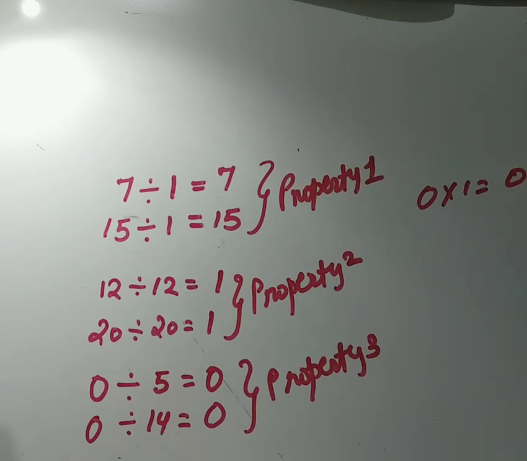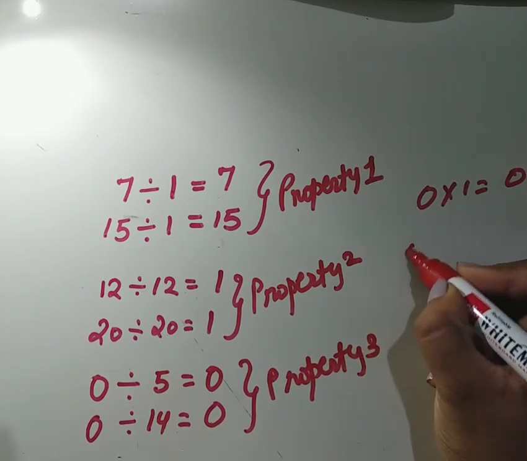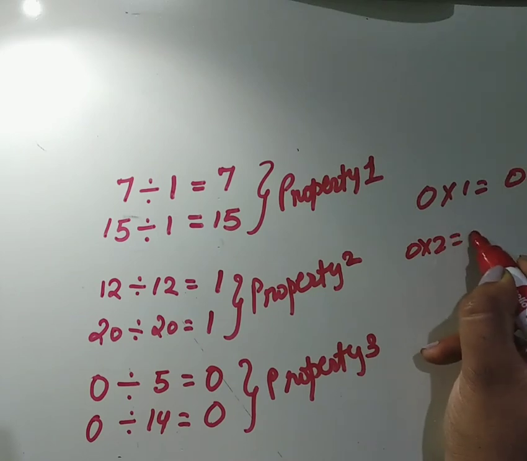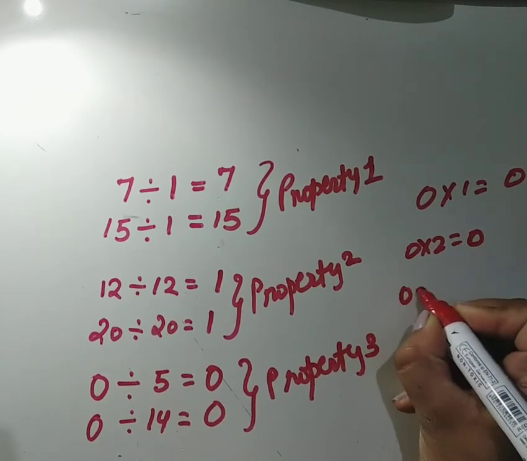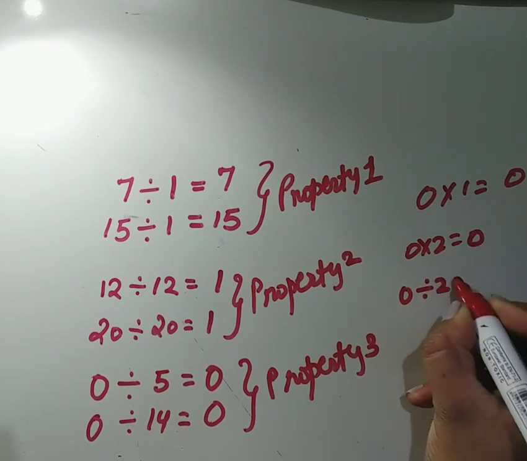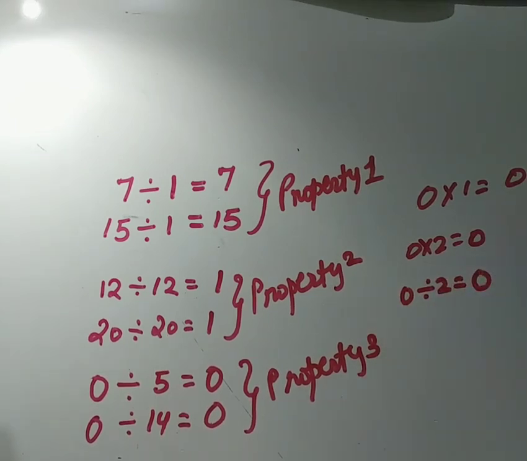In the same way, when you divide 0 by any number, the quotient is also going to be 0. Alright, so over here, if I multiply 0 by 2, the answer is going to be 0. In the same way, when you divide 0 by any number, what is your answer going to be? 0. So you need to keep this in mind, that we cannot divide a number by 0. So these were your 3 properties of division.